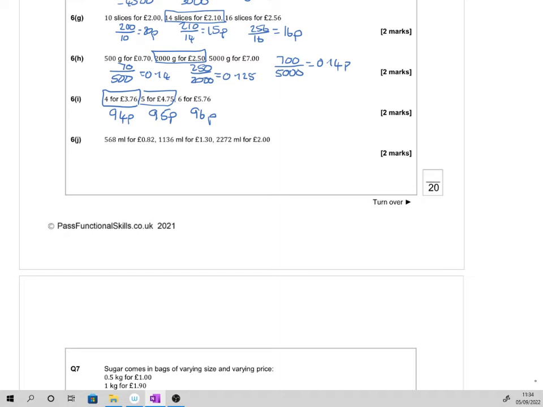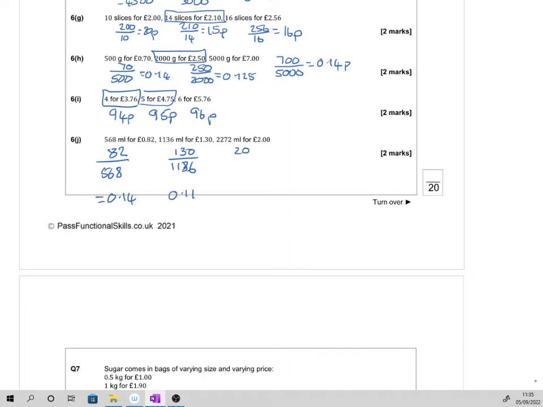Okay, let's find out how much a meal. 82 pence divided by 568 is 0.14 pence a meal. 130 divided by 1136 is 0.11.